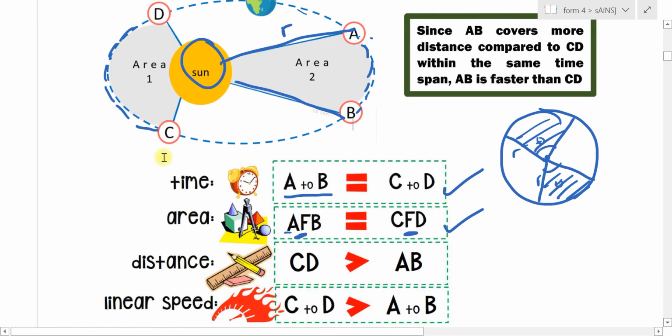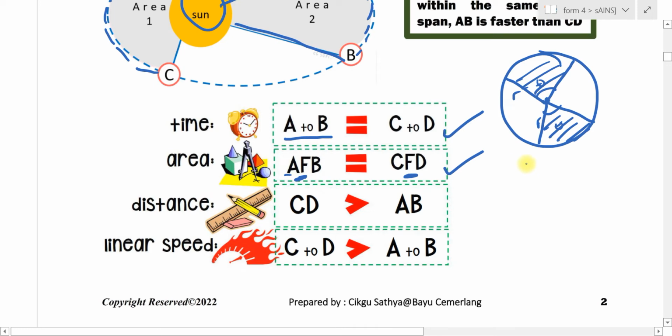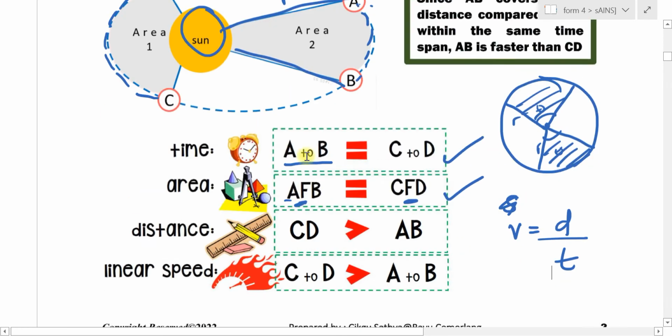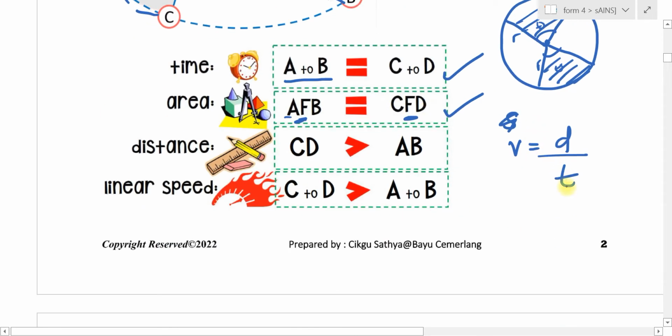Untuk faham benda ni, we just use the normal formula. Velocity is equal to distance over time. Sekarang kita dah assume A to B and C to D will take the same time, right? So kalau apa-apa constant, kamu kena tinggal benda tu.